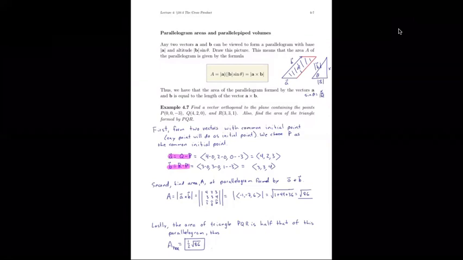And this is just component-wise calculation of what the vector components are. So Q's 4 minus P's 0, 2 minus 0, 0 minus negative 3. And that gives us the vector A. We do the same thing for B, doing R minus P. And we get A and B as our vectors here.